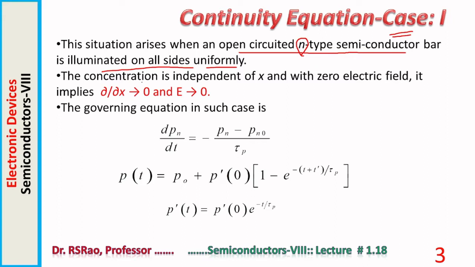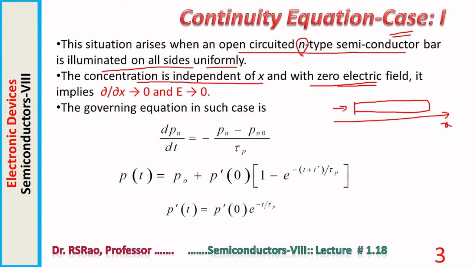In the present situation, the concentration is independent of x and with zero electric field. In the analysis, we usually assume the bar lying along or parallel to the x-axis. The bar is illuminated uniformly from all sides, so there is no possibility for the concentration to vary with x.